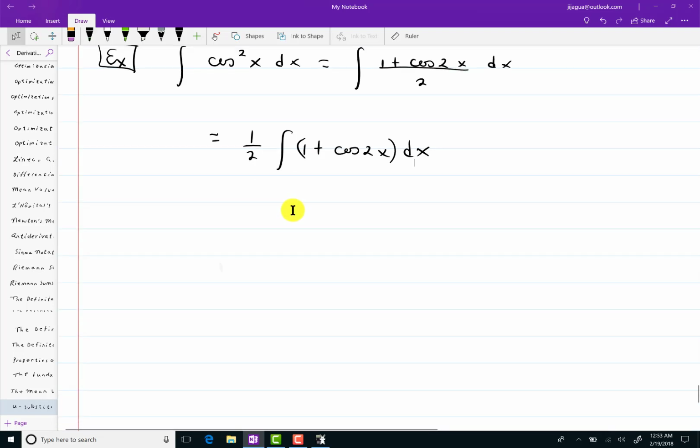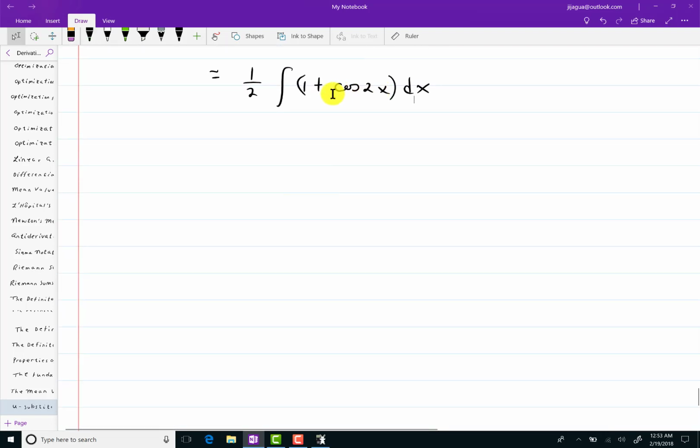Now I can almost do it, except I can't really do this straightforwardly unless I do something like this. u equals 2x, du equals 2 dx. And what you see here is I don't need a 2 dx, I just need a dx. So I'll divide by 2 and take it out of there.